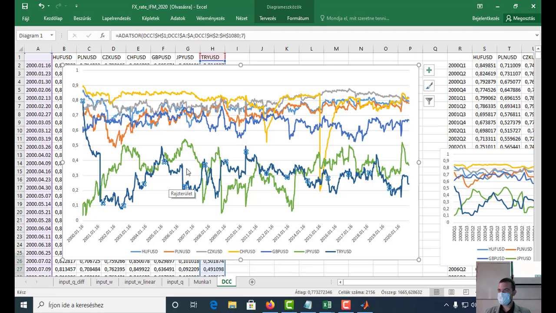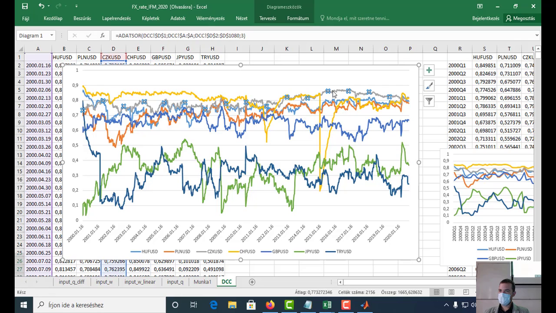But actually we can still see that there is some sort of correlation. Okay, it's a really weak correlation with the euro, but if you are looking at small currencies or small economies, relatively small, because this is Switzerland, we can say that it's really strictly correlating with the euro. Even if at the same time it's appreciating, if they are not suffering from sudden appreciations, then on ordinary days they are moving together with the Swiss franc and the euro.